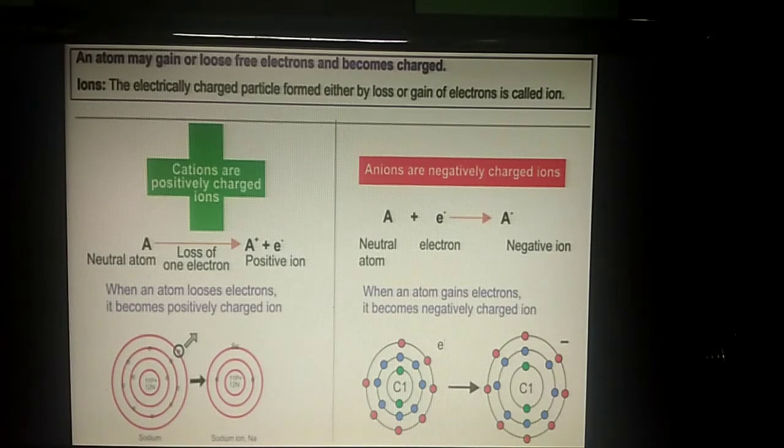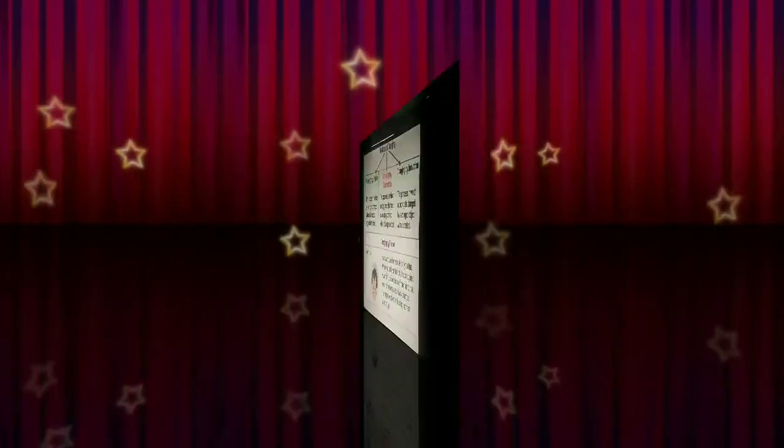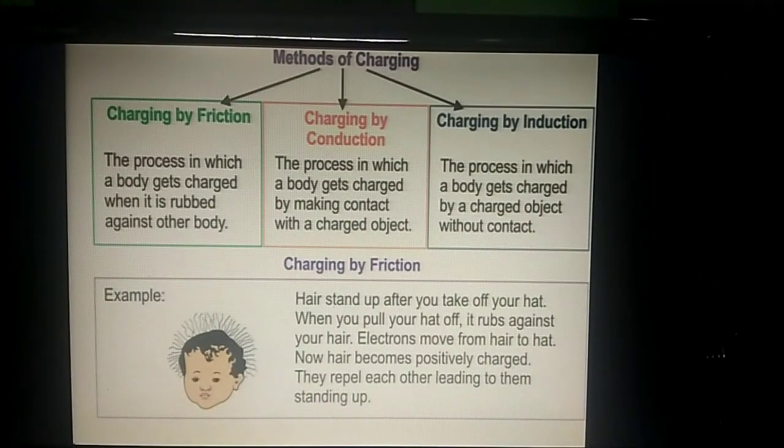So ions or charged particles can be generated either by a deficiency of electrons or an excess of electrons. If there is a deficiency of electrons in the atom, that is loss of electrons, it results in the formation of a positive ion or cation. If there is an excess of electrons in an atom, it produces an anion or negatively charged ion. Can we charge objects?